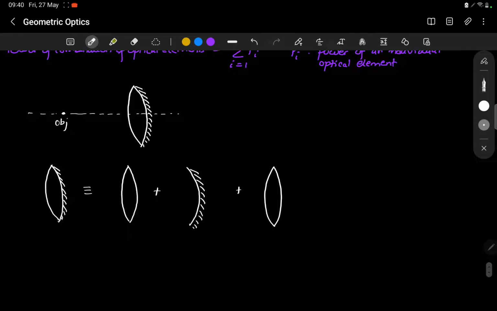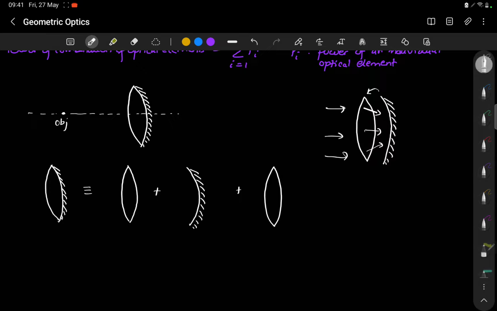Why we did such a decomposition? Well, that's because the rays will come, they will encounter the lens, and then they will refract from the lens. Then immediately after the lens there is the mirror. I am drawing some gap just to make things look a little bit more clearer, but this thing is essentially pasted on top of the lens itself.